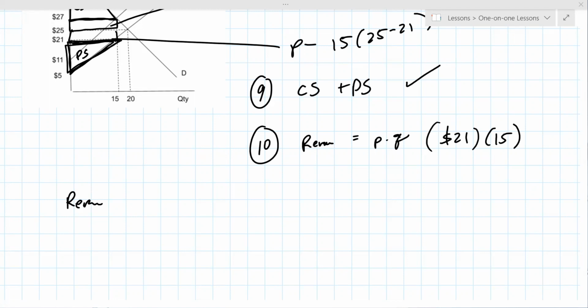That's the tax. It's definitely not revenue. But revenue is price times quantity. So that's why I think it's 21 times 15. Okay, I think that's correct.